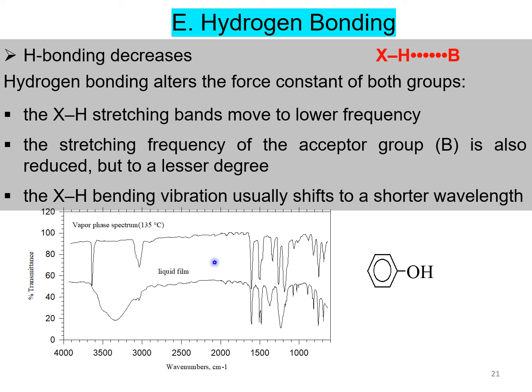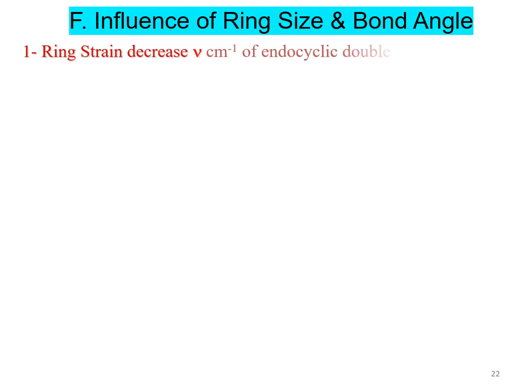In the vapor phase, we can't expect hydrogen bonding, and due to the high temperature, the band for the phenol group is going to appear close to 3,500, or between 3,000 and 3,500. But when there is hydrogen bonding, in the liquid form, there is a big hump between 3,000 and 3,500. That is due to the presence of hydrogen bonding that we see in the spectrum.